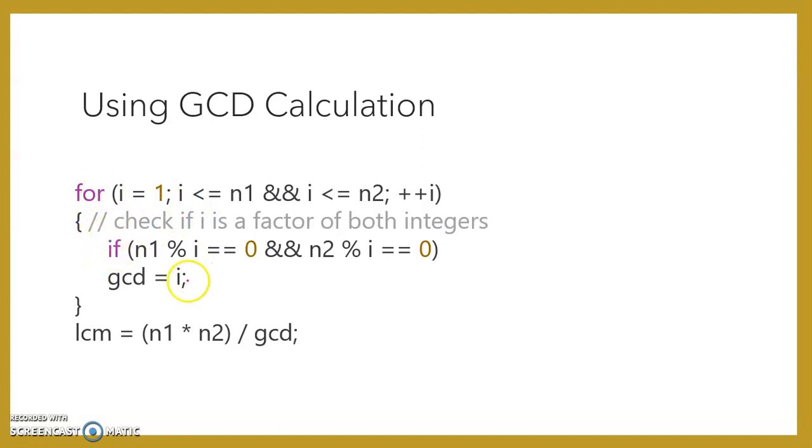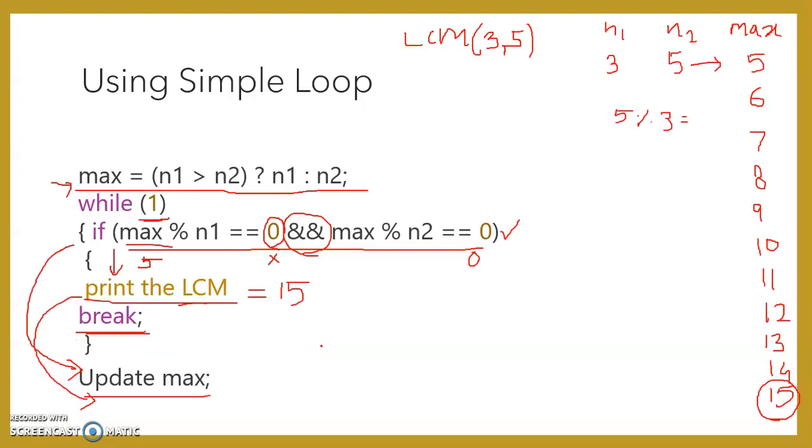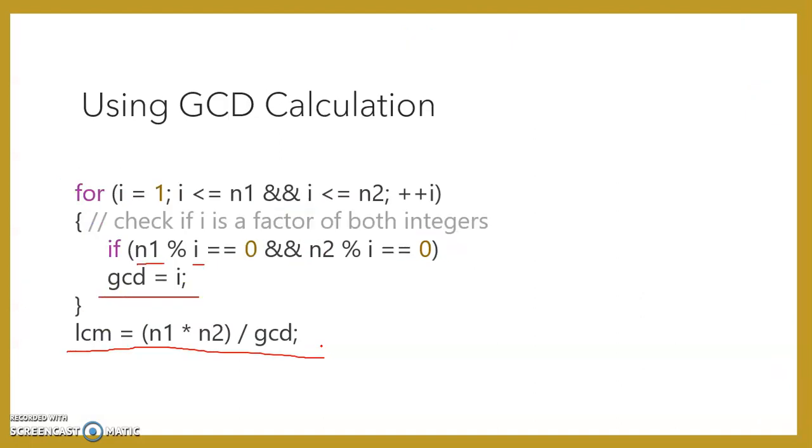Inside that condition we check n1 mod the GCD which we have calculated and n2 mod it, and if this condition is true then that i is the GCD, and once you find the GCD you will get the LCM. I found the loop method the simplest way to understand, but using the GCD calculation will give you the fastest answer. So these are two ways of finding the LCM, and you can use whichever you feel is easier.